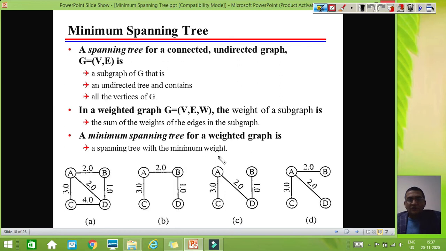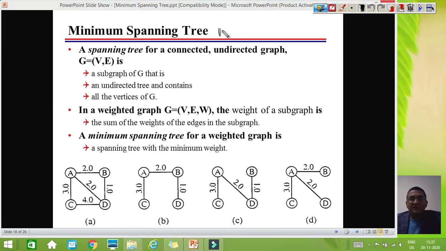Before going to the actual algorithms of finding the MST or minimum spanning tree, let us read some more details about it. The spanning tree is basically a graph, and a graph is represented using a set V, E, where V is a set of vertices and E is a set of edges, as we already discussed.